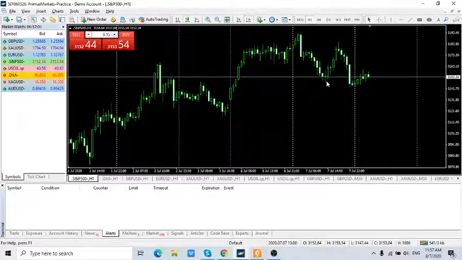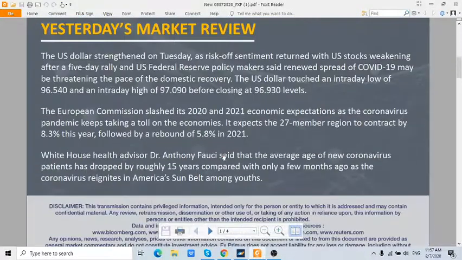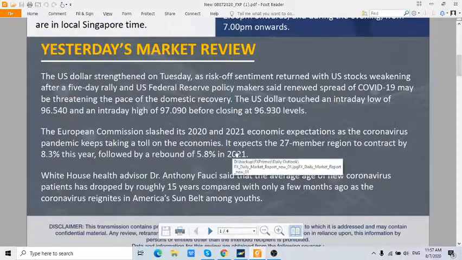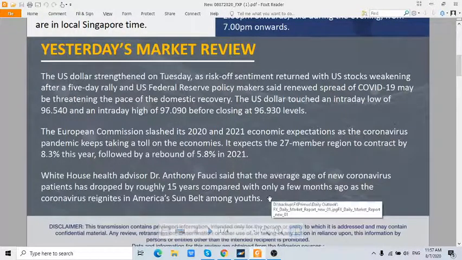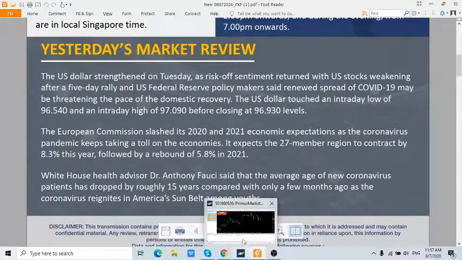Okay, again the major factors or news affecting the sentiment or the movements of currency prices, commodities such as gold, and also the stock markets are the coronavirus issue in the US, and also reportedly in Australia, in Victoria, and also in places like India. The numbers are rising. India has overtaken Russia as the third highest country with coronavirus cases.